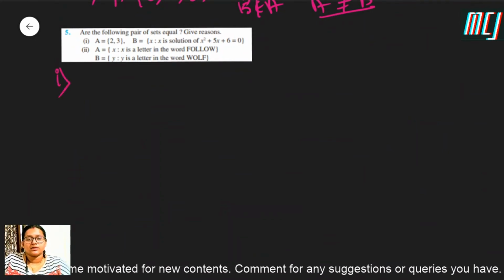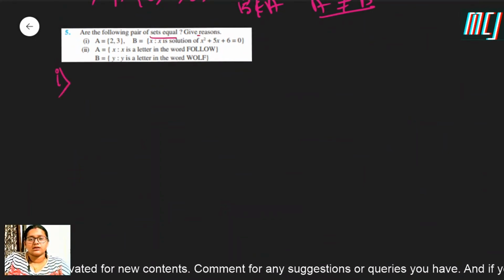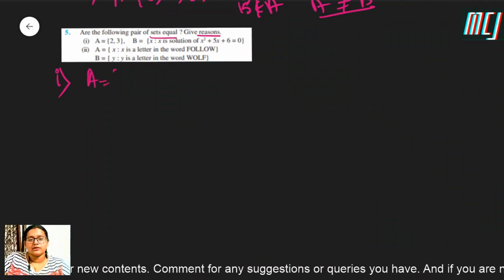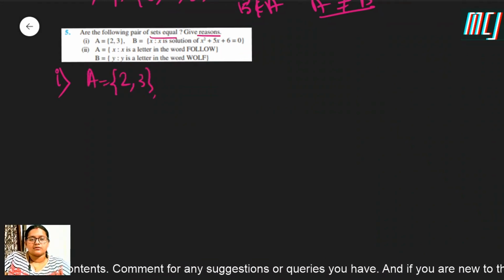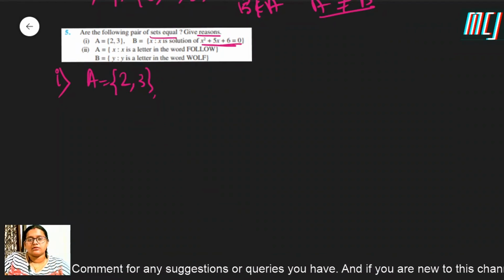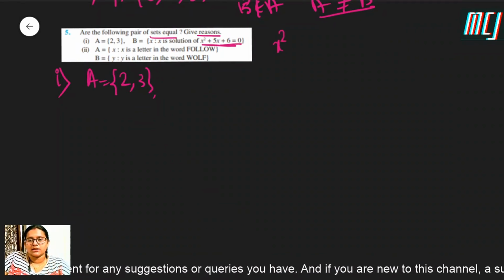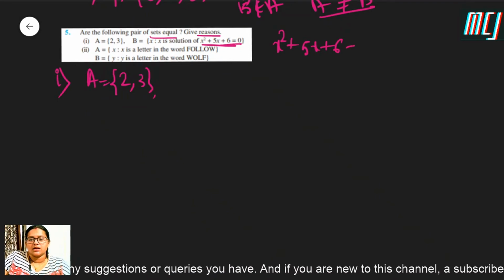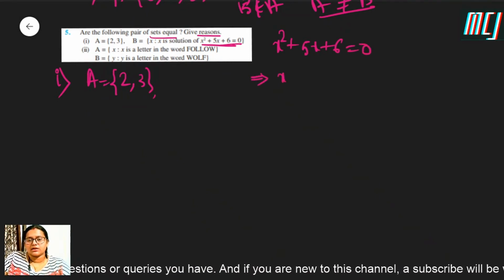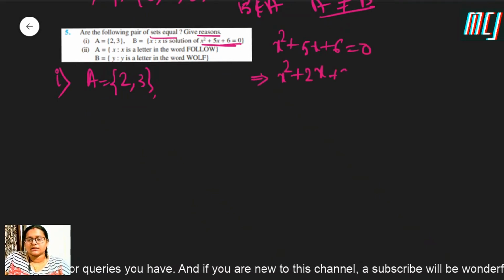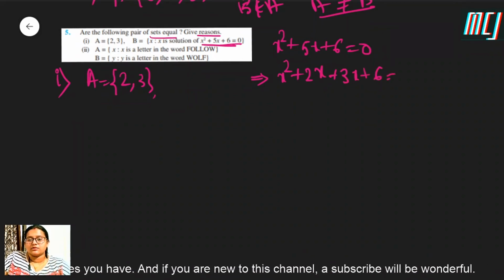Okay. Now coming to question number 5. We need to check whether they are equal or not. A has 2, 3. B says x is a solution of x square plus 5x plus 6 equals 0. We do the middle term factorization: x square plus 2x plus 3x plus 6 equals 0.